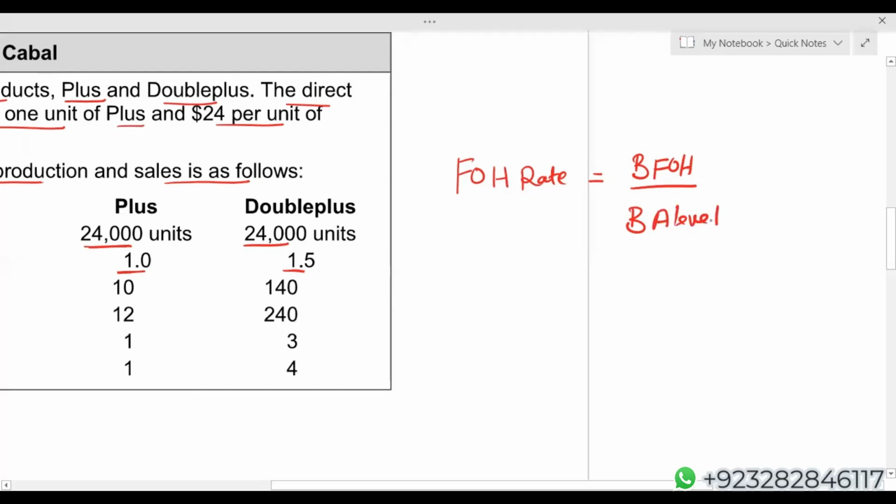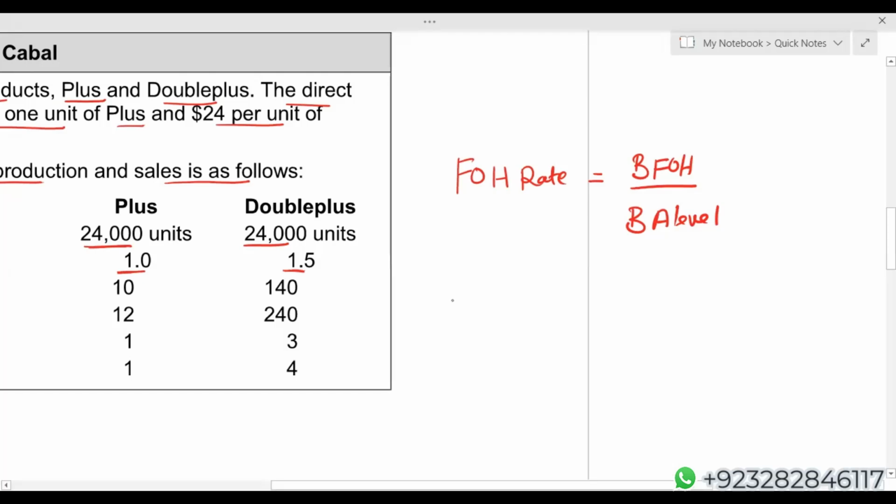This is how we calculate the FOH rate under absorption costing. Normally under absorption costing, the budgeted activity level is going to be either labor hours or machine hours. In this question, the examiner has clearly mentioned that the budgeted activity level is labor hours.